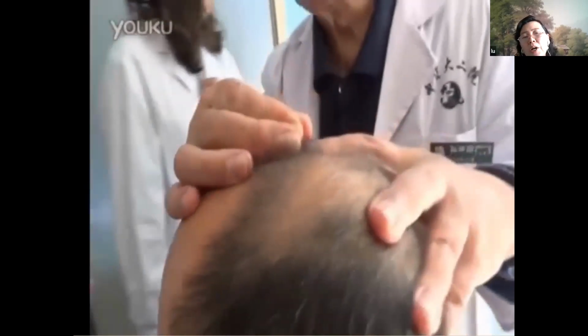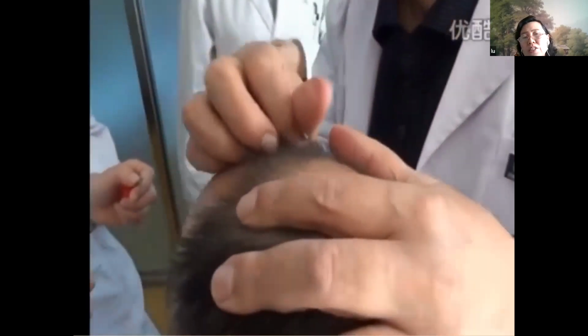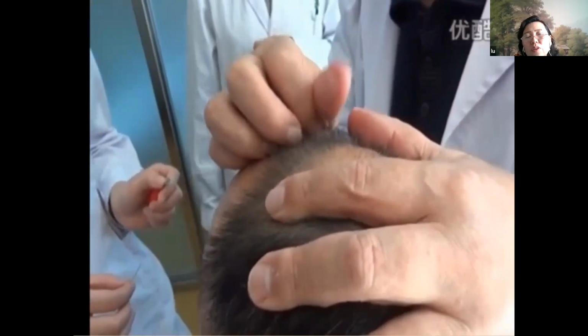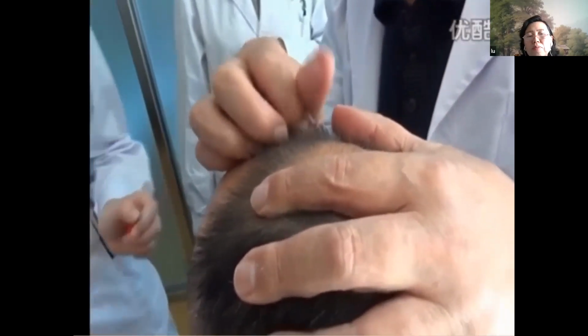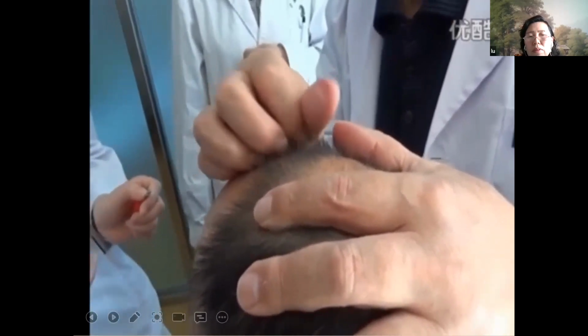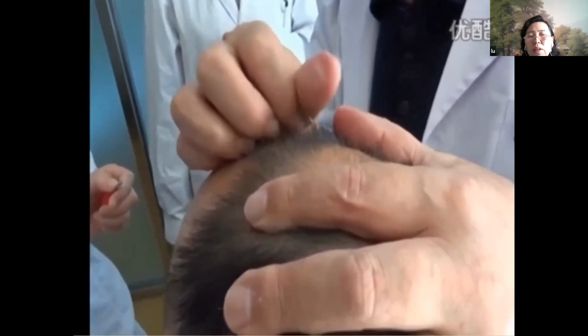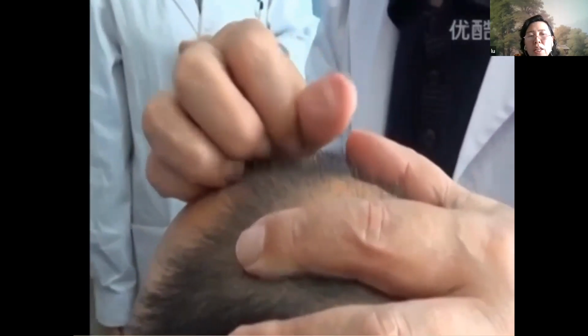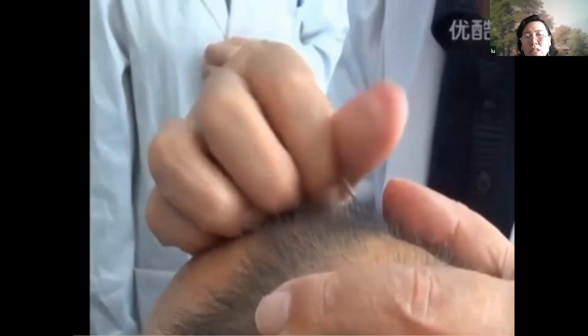You can see he's choosing scalp acupuncture with very fast insertion and fast twisting. While he's twisting the needle, he asks about the patient's sensation.